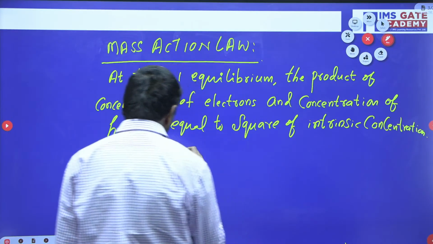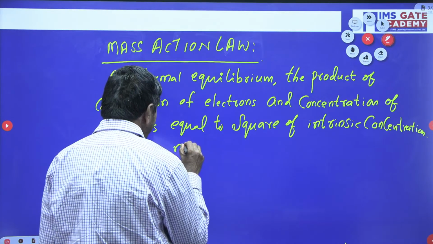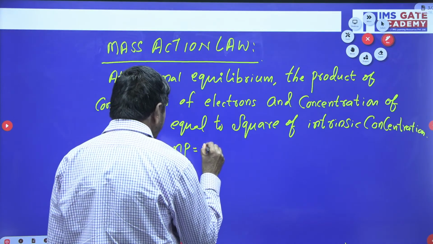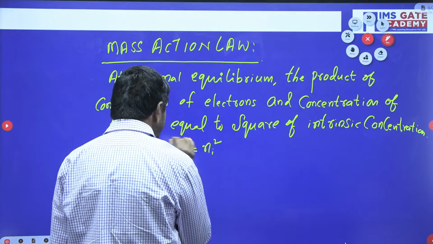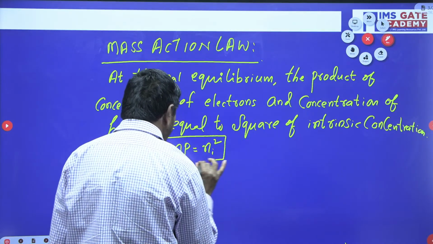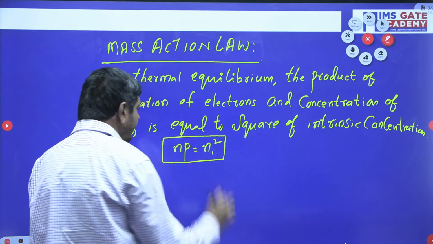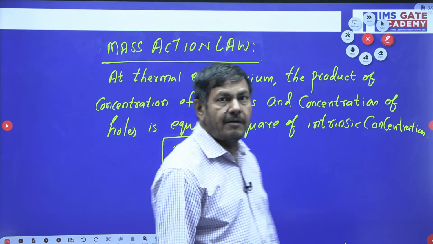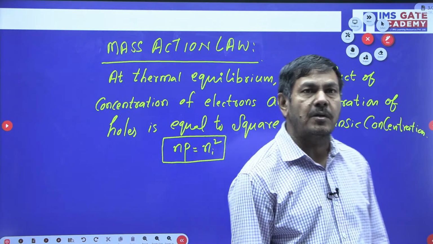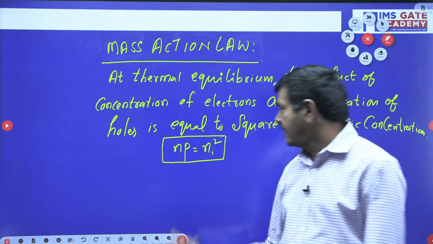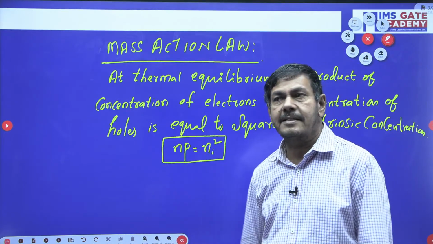I can write the formula like this: N into P equals Ni square. This is nothing but the mass action law, where N is the concentration of electrons, P is the concentration of holes, and Ni is the intrinsic concentration.